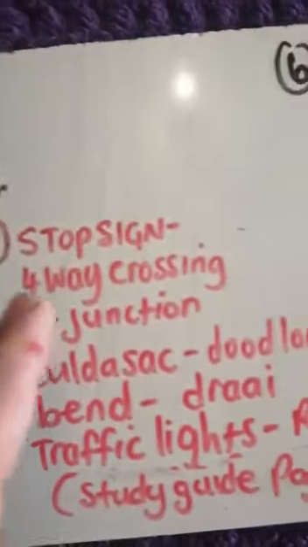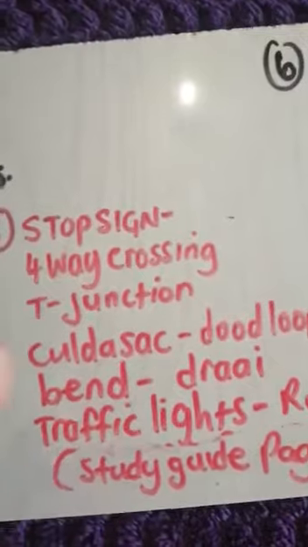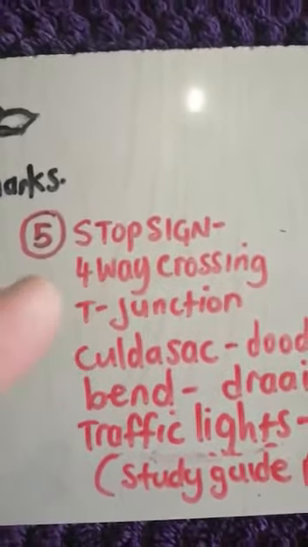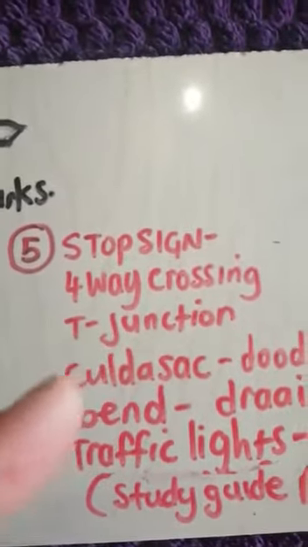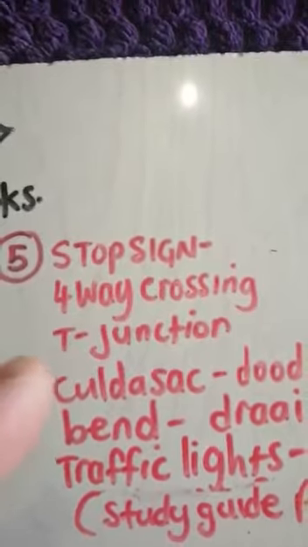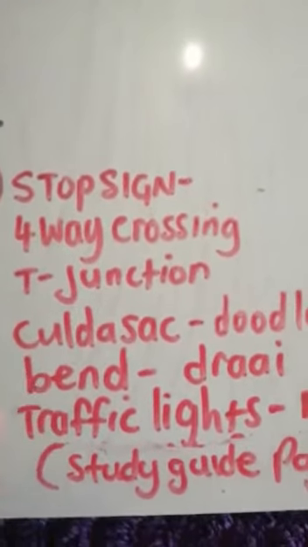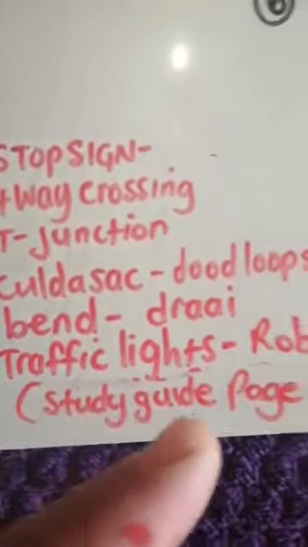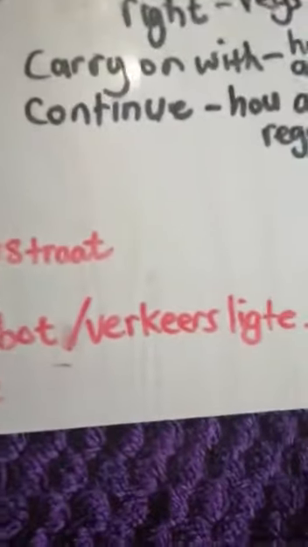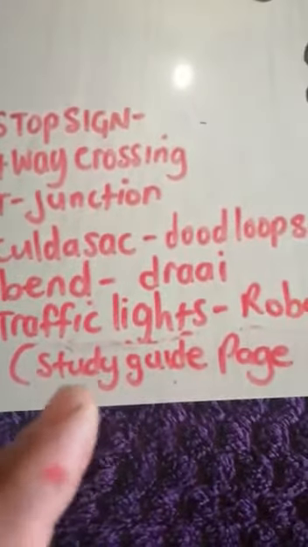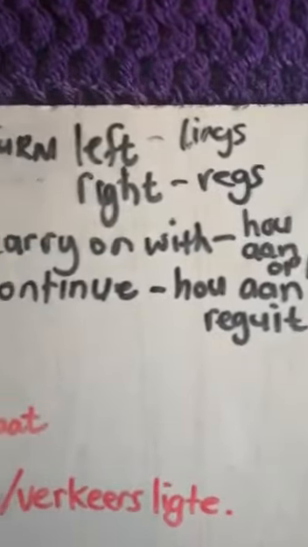Number 5, then I've got translations, obviously, like stop sign, stop teken, 4-way crossing, 4 richting kruising, T-junction, 'n T-aansluiting, cul-de-sac, doodloopstraat, bend is 'n draai, traffic lights is 'n robot of verkeersligte, and then like I said, go to the study guide on page 108, then you'll find all the translations of those things, right?